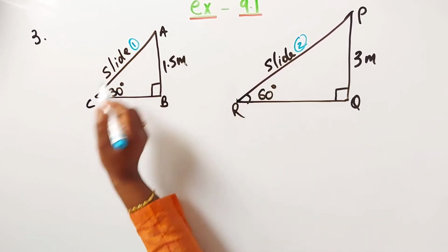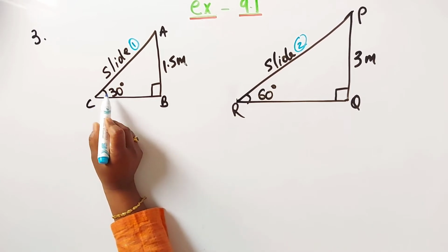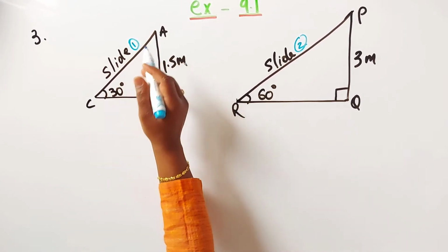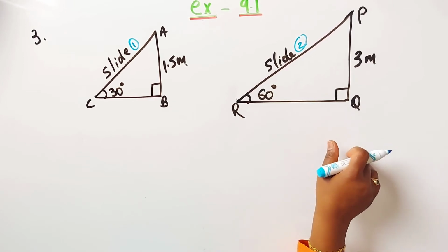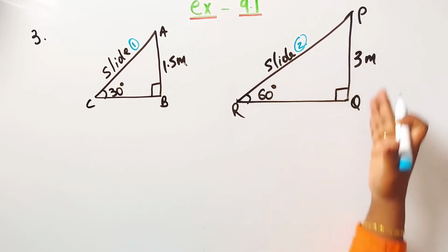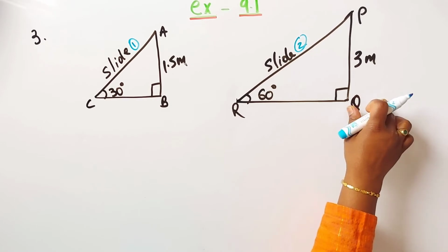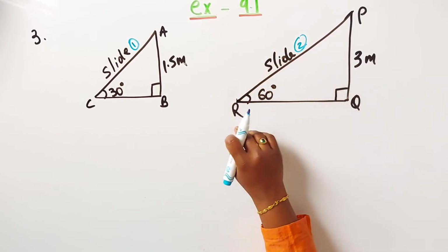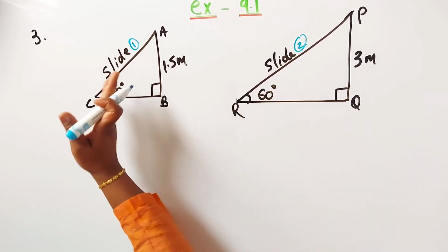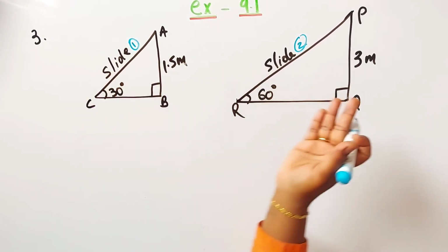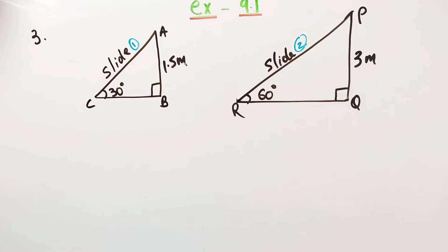Inclined means it is leaned at an angle of 30 degrees. This is the slide. Whereas for elder children, she wants to have a steep slide at a height of 3 meters and inclined at an angle of 60 degrees to the ground. What should be the length of slide in each case? Slide 1 length and slide 2 length we need to find out.